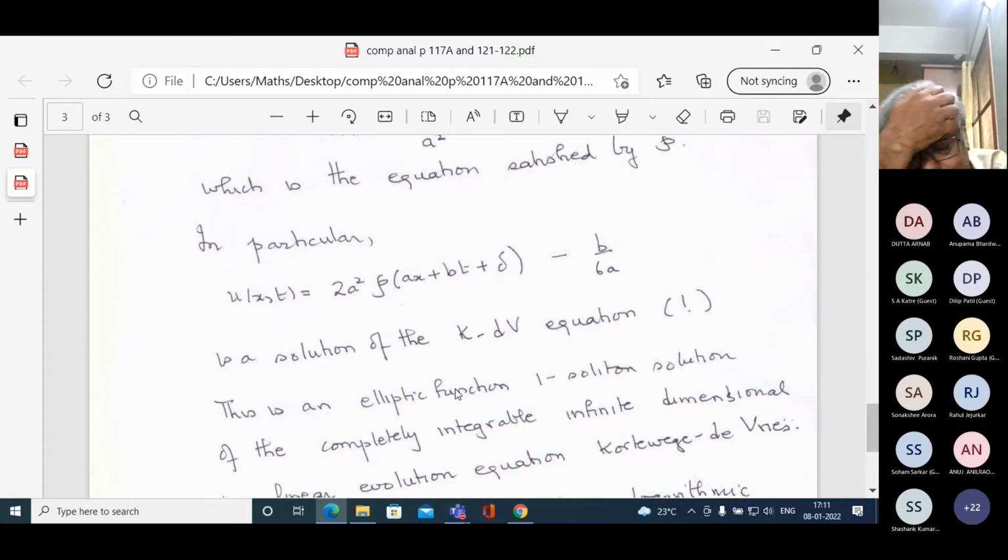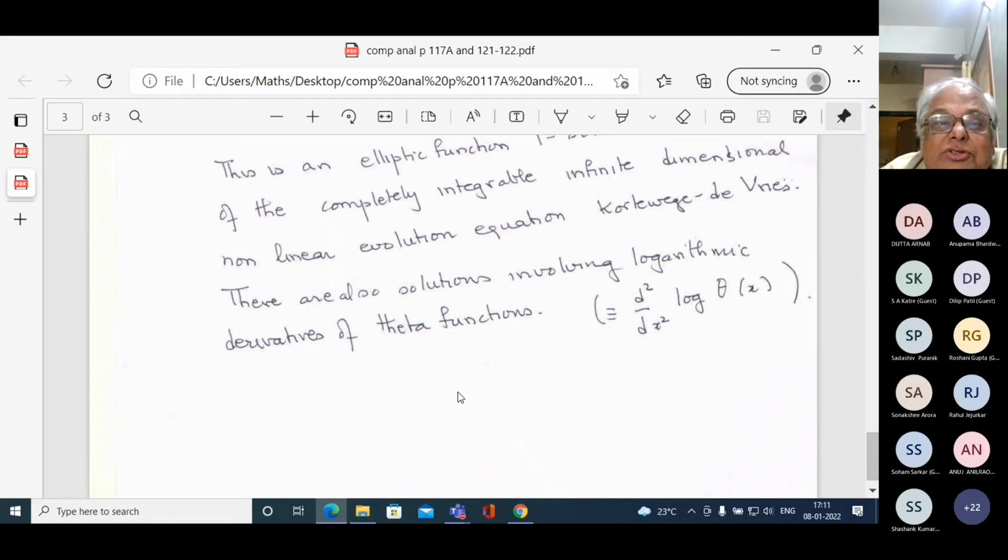Okay? Very good. What's the big deal about this? That's why I've written here, solutions involving logarithmic derivatives of theta functions, because the second derivative of log of the theta function, or the derivative of the logarithmic derivative of the theta function, is related to the Weierstrass's P function.